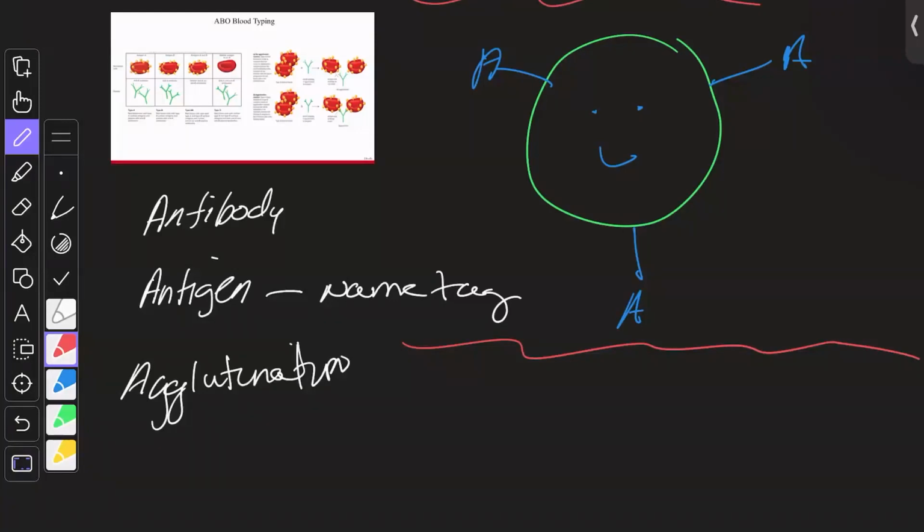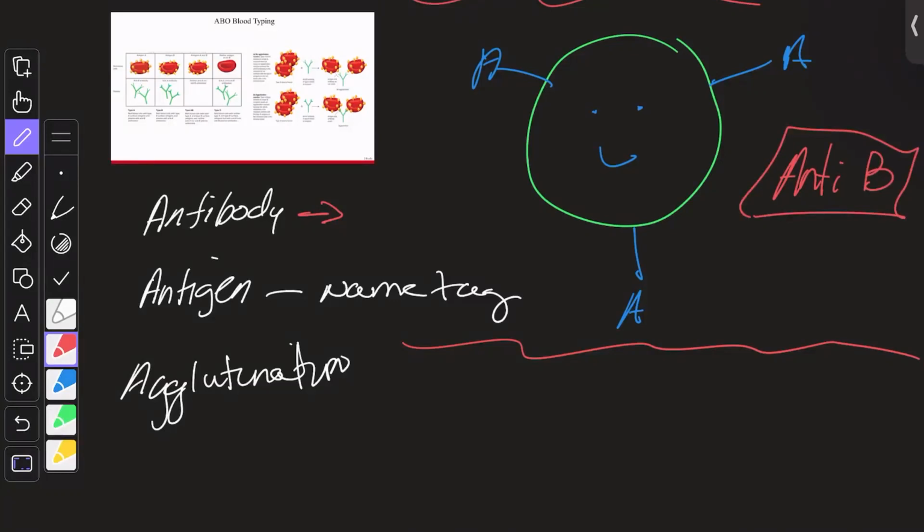So the antibody is always looking to attack the thing that is similar to its name. So in this particular individual, I would have anti-B antibodies.